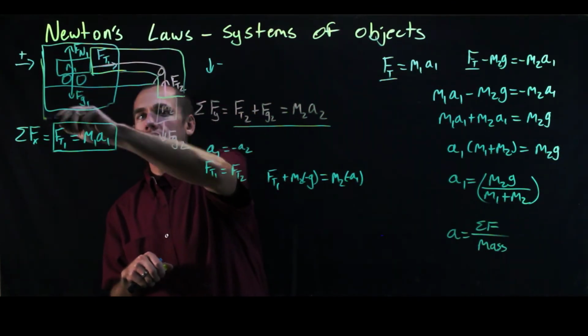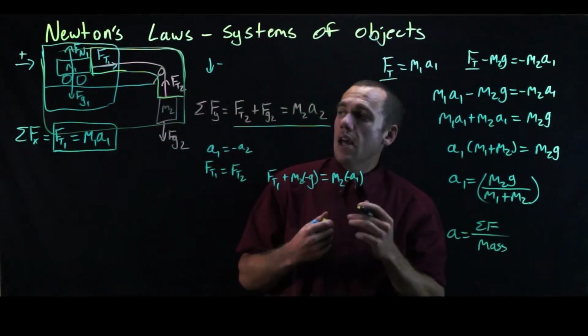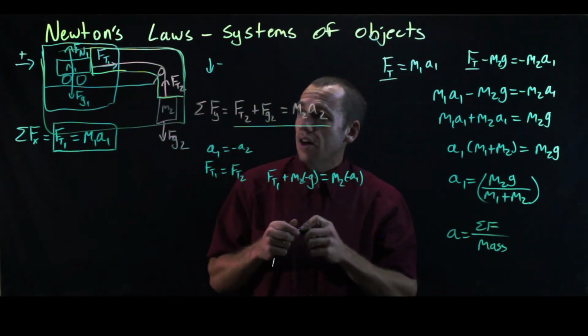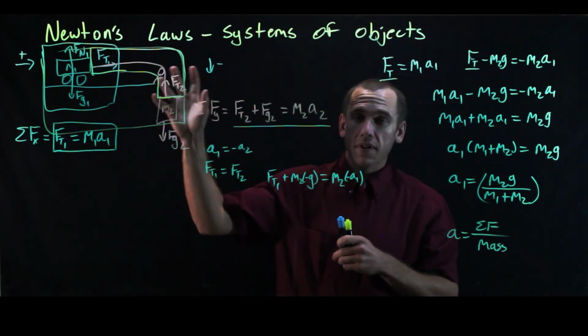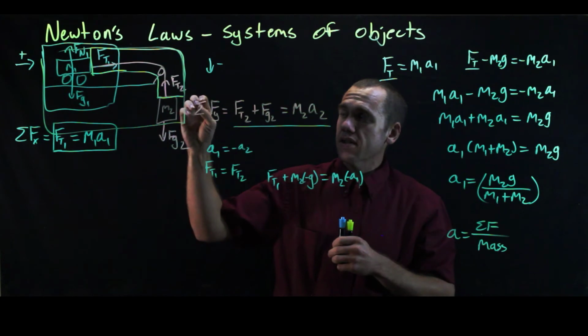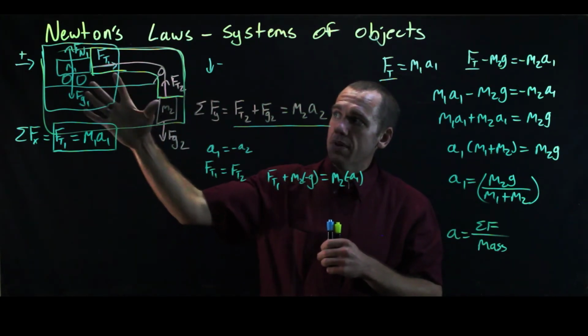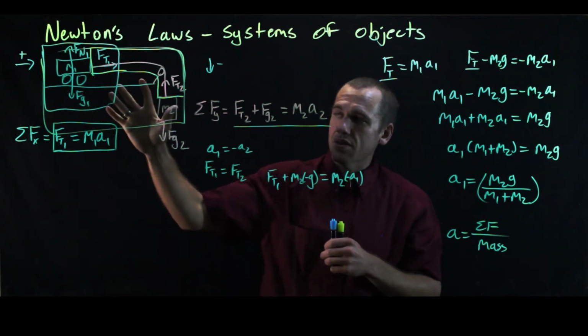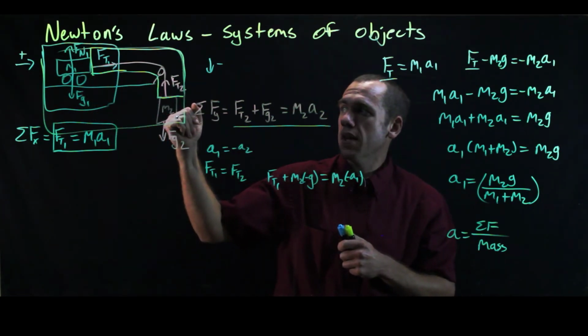If we had looked at the whole system, those forces would be internal to the system and would not actually cause accelerations. They're not external to the system, they're part of the system. Remember, a force is caused by an agent that acts on an object. Well, if this system is my object, there's no agent to cause those forces. So that's what I mean when I say they're internal forces and they can't cause acceleration.